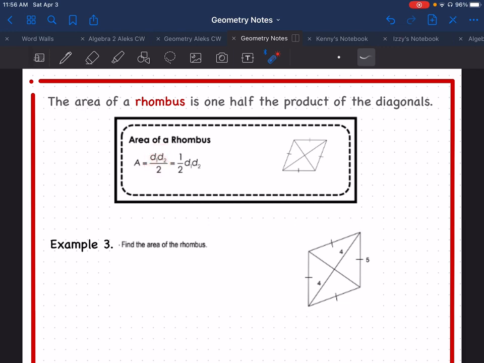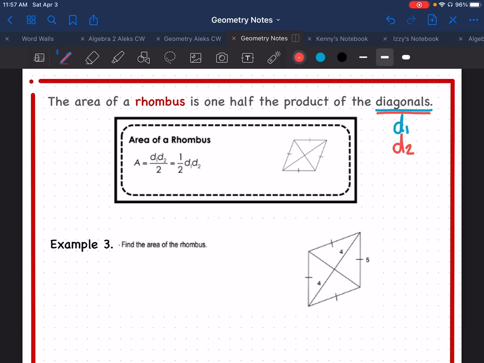That's the one I personally like. And just remember that your diagonals are going to be your D1 and your D2. Those are going to be your diagonals. The diagonals must go across the rhombus from vertex to opposite vertex.